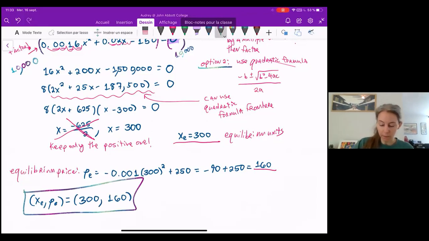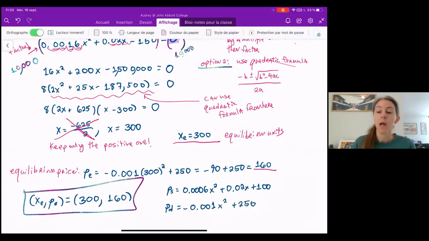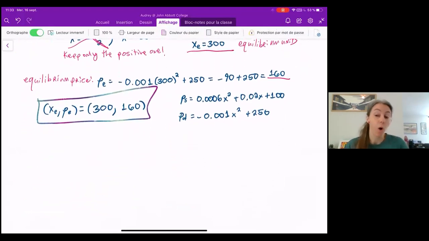So I'm just going to remind us that our supply function here was 0.0006 x squared plus 0.02x plus 100. And our demand function was negative 0.001 x squared plus 250. Okay, so a rough graph is going to be okay, but there are a few things that are quite important. I need to find the y-intercepts.